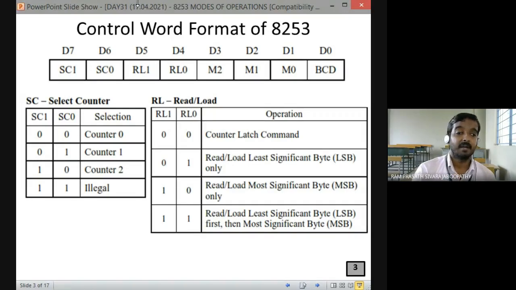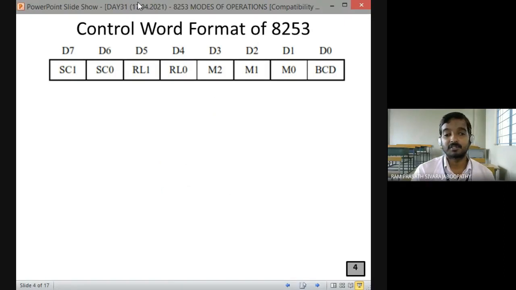Next, M2, M1, M0. What about the role of M2, M1 and M0? Yes, to select the mode of operation. How many modes can the 8253 be operated in? 6 modes.